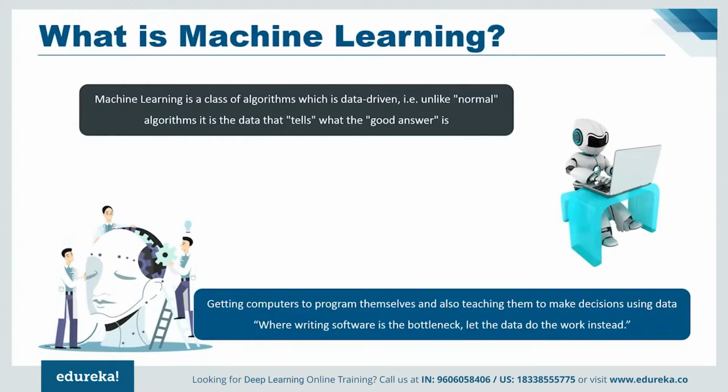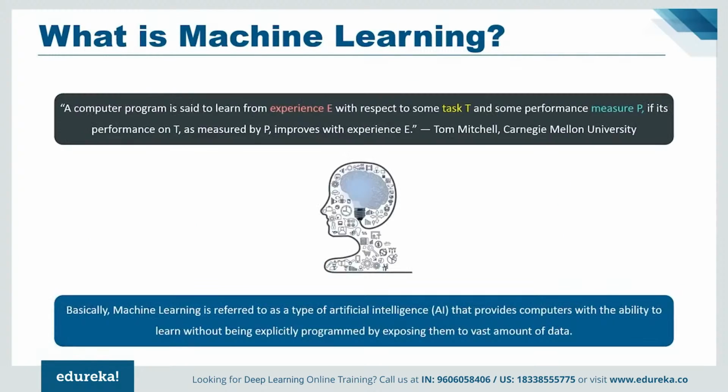Now that you are familiar with artificial intelligence, let's talk briefly about machine learning and understand what it means when we say that we are programming machines to learn. Here I have a famous quote by Tom Mitchell of Carnegie Mellon University.